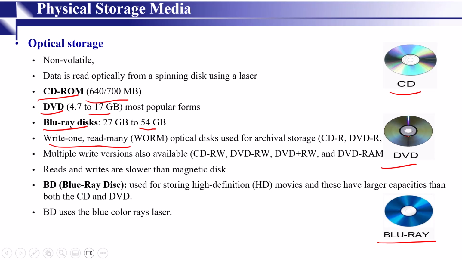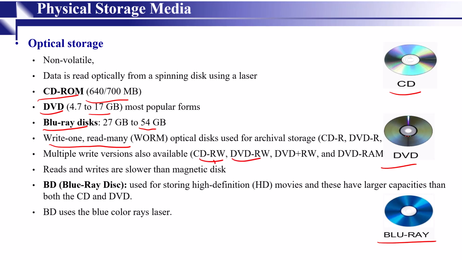These optical disks like CD-ROM, DVD, and DVD-R allow data to be written once and preserved for a long time. However, there are also rewritable versions that we can rewrite. It means we can erase information and write again, like CD-RW, DVD-RW.